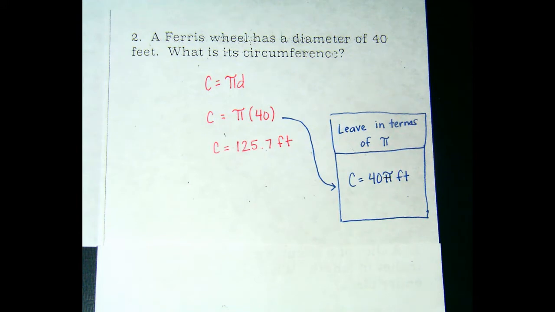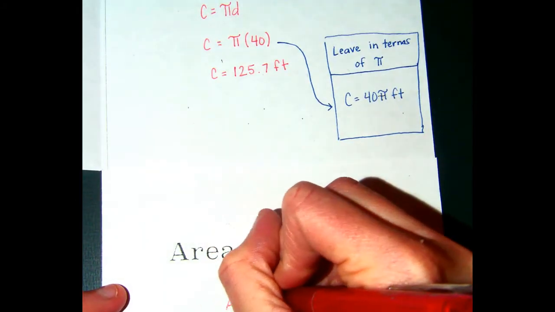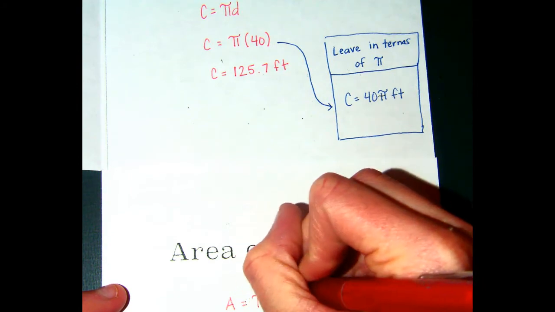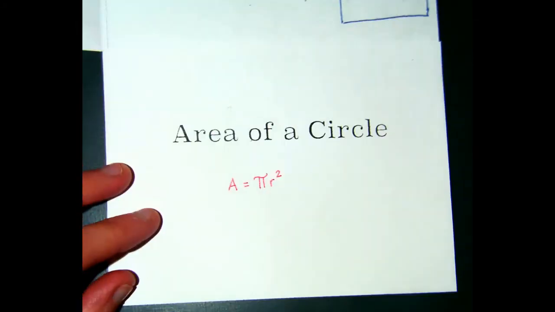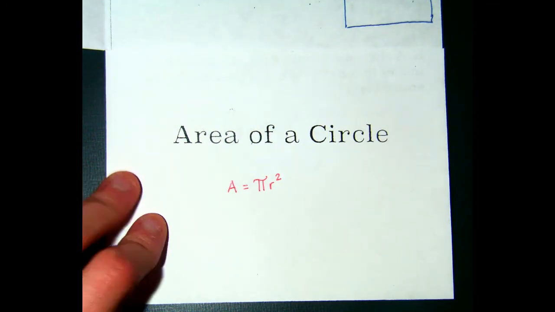Alright, let's talk about area of a circle. What is the area formula for area of a circle? What does R stand for?